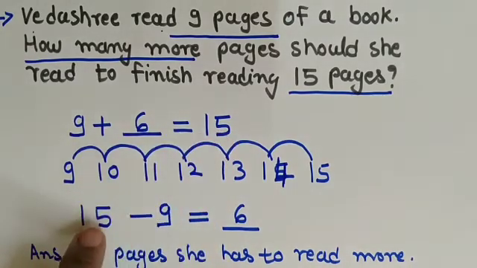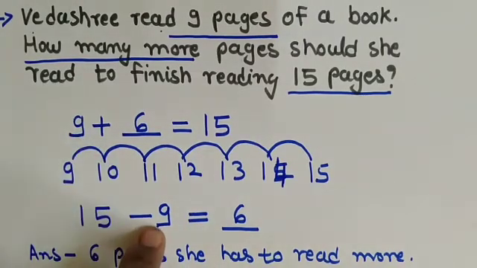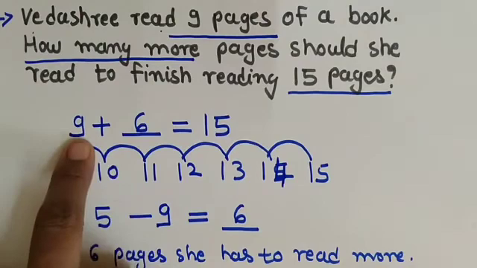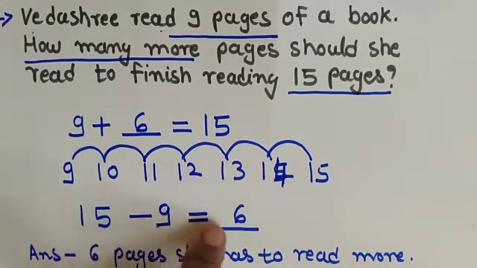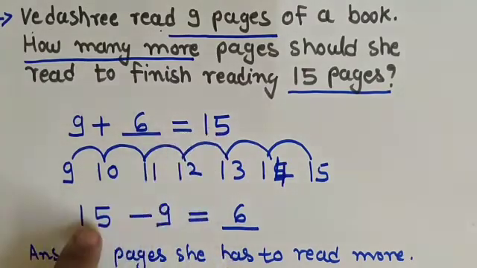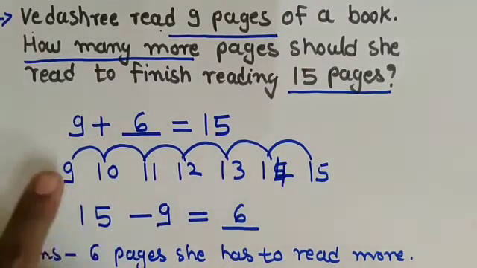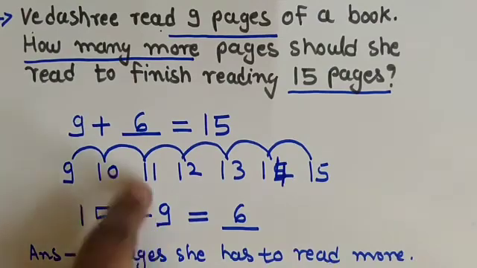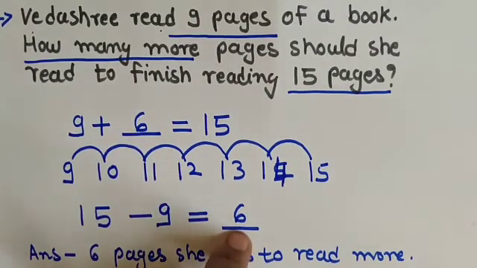And when you are taking the sum and subtracting one number from the sum of two numbers, then you will get the other number. Here we have taken 15 as the sum and we subtract the 9. Then what do you get here, children? 6. Like that we understand that addition and subtraction are a pair.